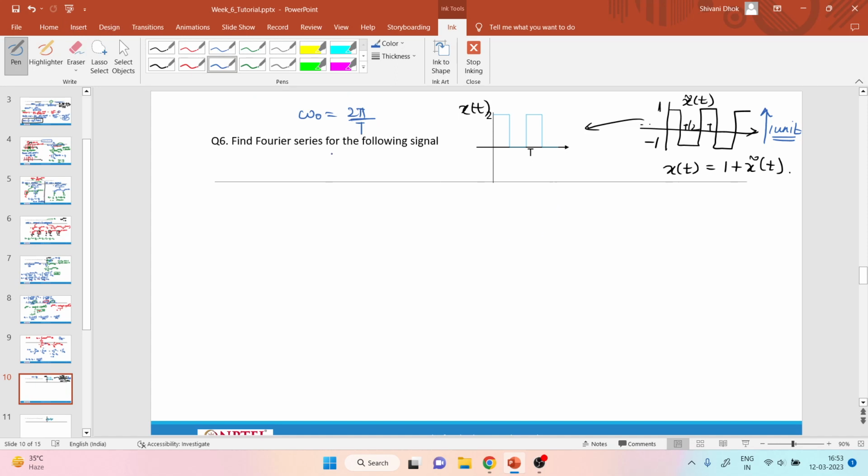And this xt, if I consider it from 0 to T by 2, it is equal to 2. So it is 2 if t belongs to 0 to T by 2, and it is equal to 0 if t belongs to T by 2 to T. So we'll again consider this interval.